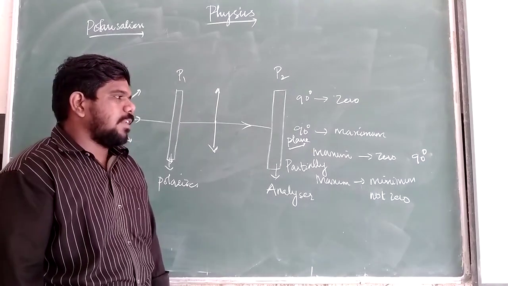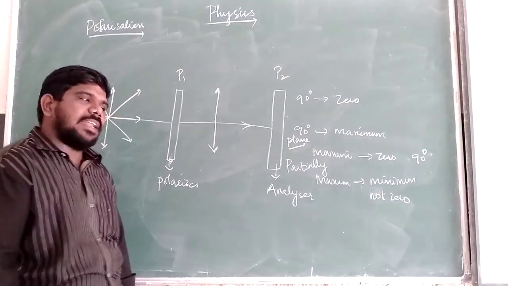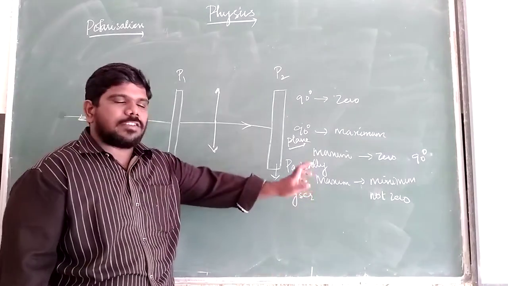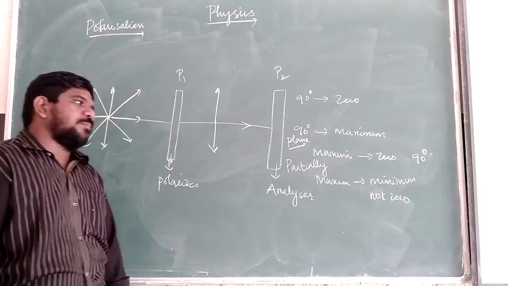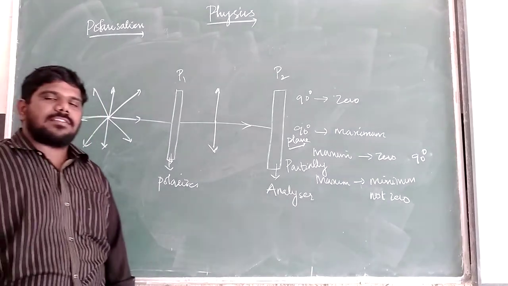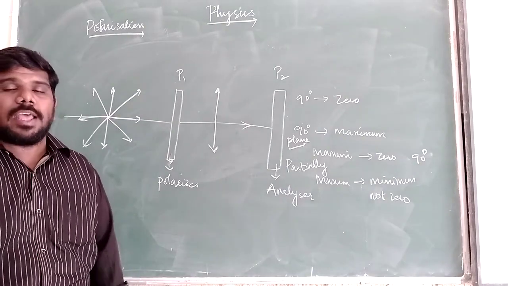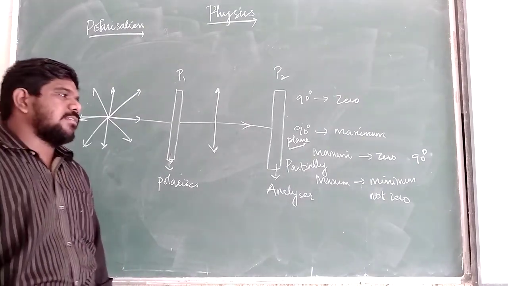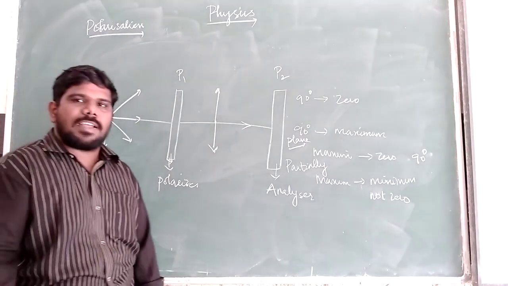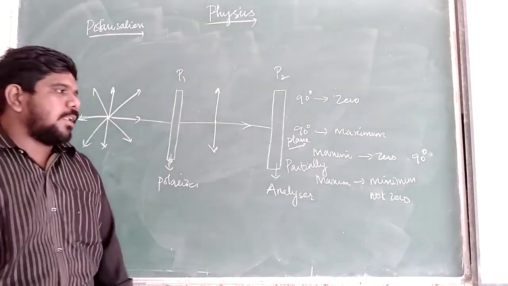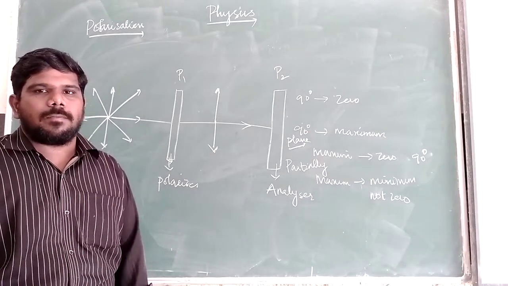When the intensity of light varies from maximum to minimum, not 0, for every rotation of 90 degrees, then it is called partially polarized light.